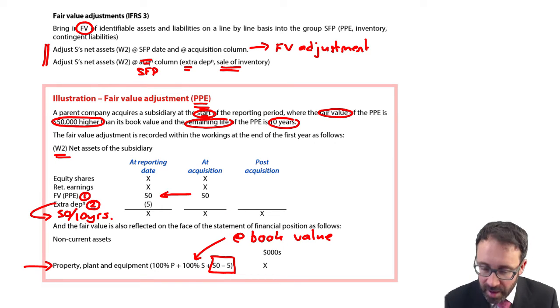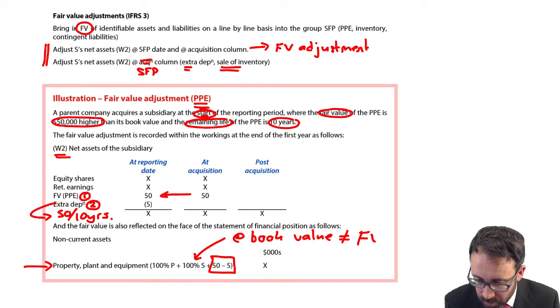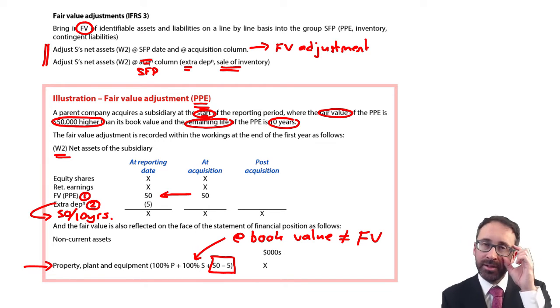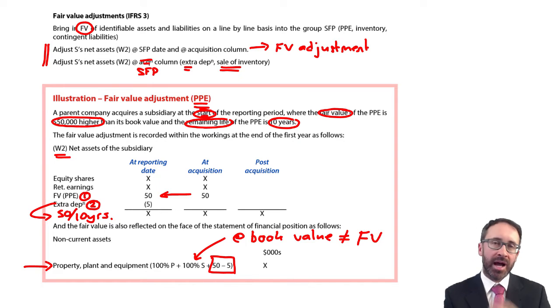It's not at fair value. We need to get it up to fair value, so therefore we need to add in the 50 fair value adjustment and reduce it by the number of years' worth of depreciation. Here, there's only been 1 year, so therefore it's just 5. As I said before, if it was 2 years, it would be 10.